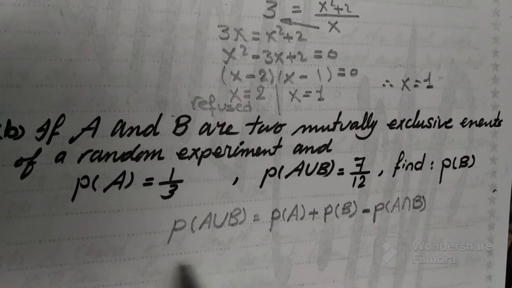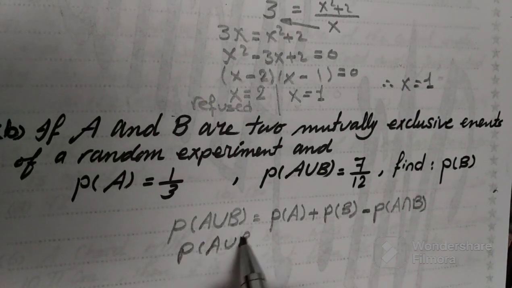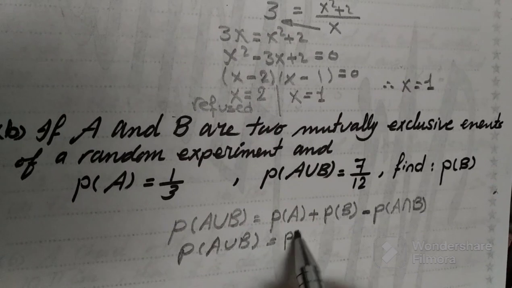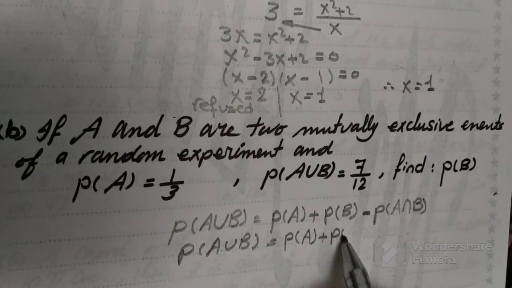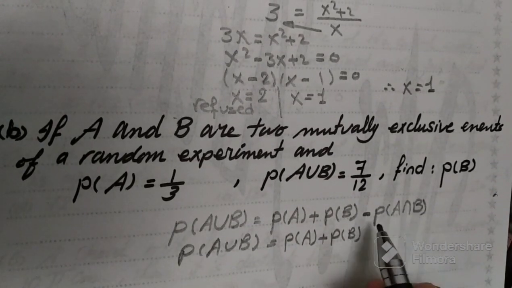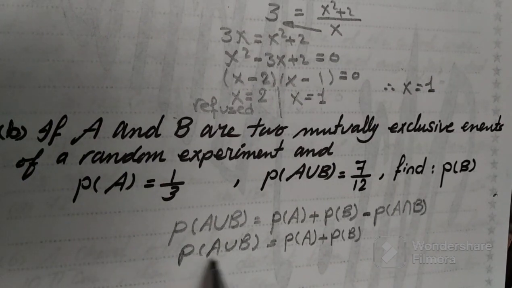Then probability of A union B equals probability of A plus probability of B, and probability of A intersect B equals 0.